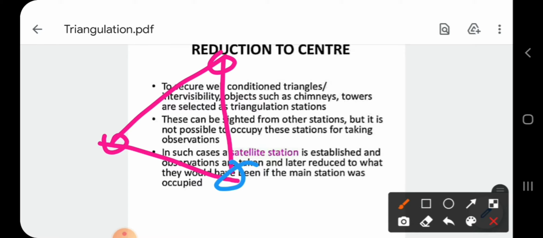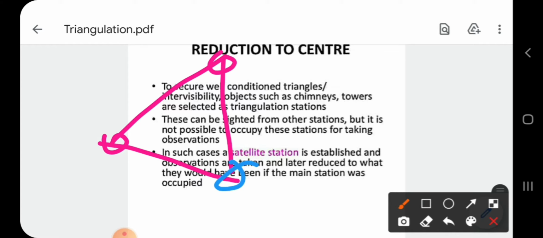from a nearby point. From a nearby accessible point, we will take the reading, and that point is known as a satellite station. If you are doing like this, then our observations will have an error.